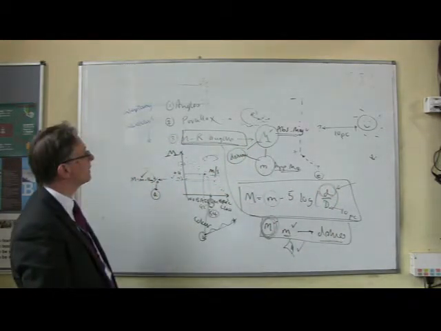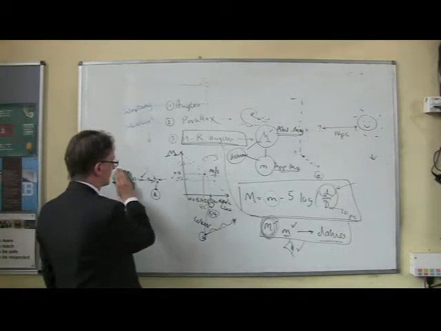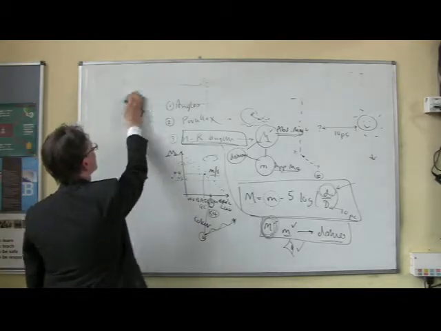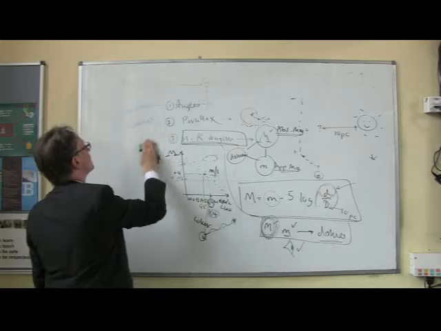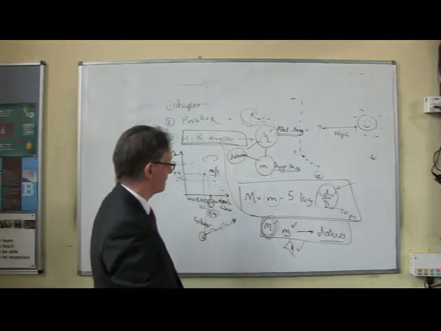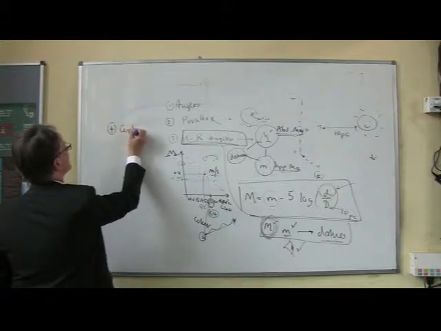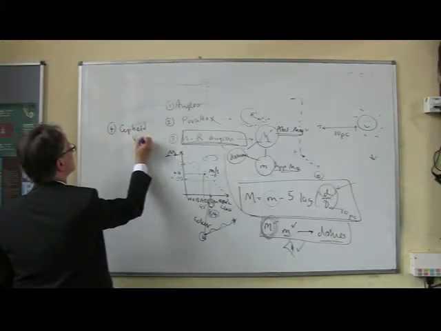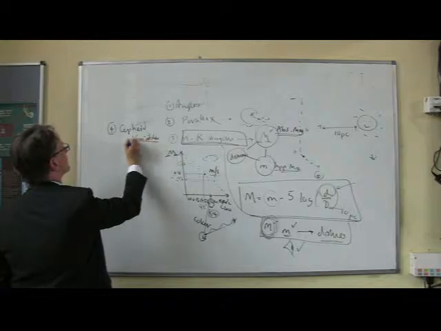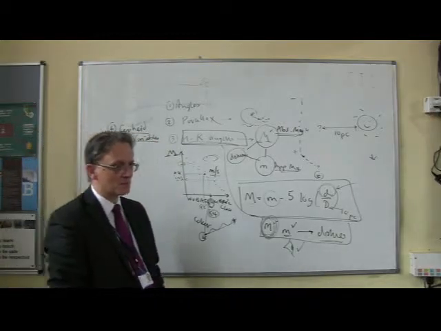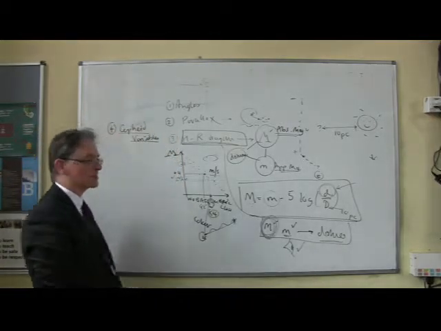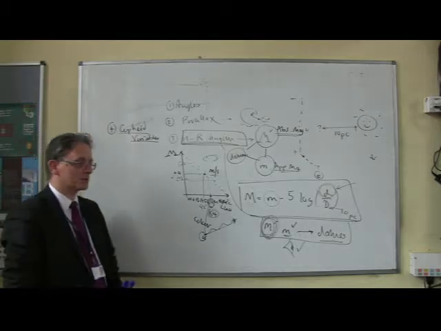Okay. Now, there is another method for doing this, which is a really powerful method. Method number 4 on our list is to use stars called Cepheid variables. Okay. Cepheid variable stars have a very unusual property.